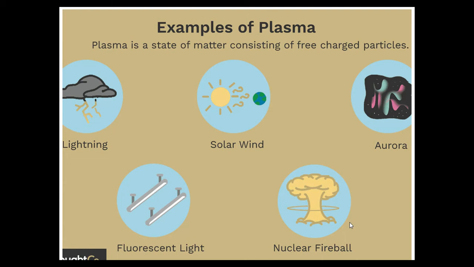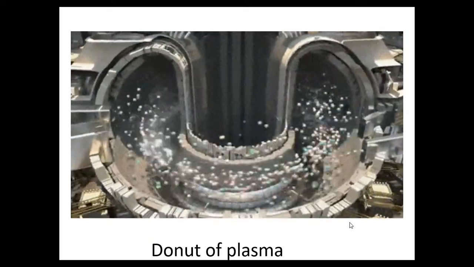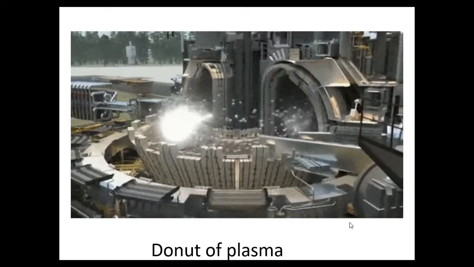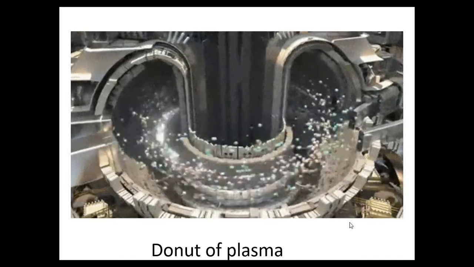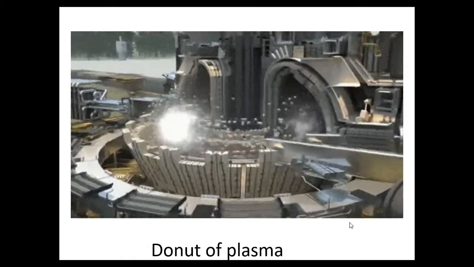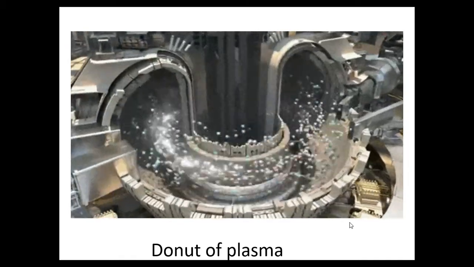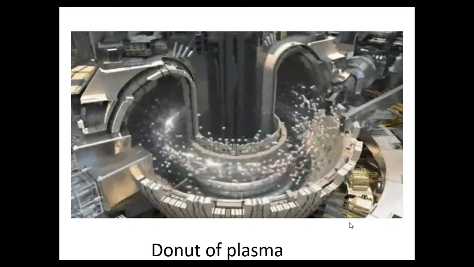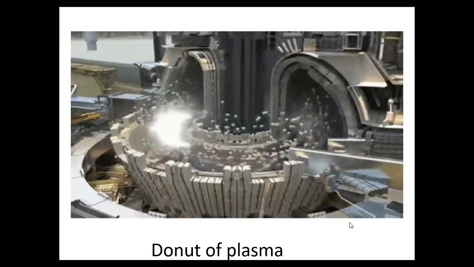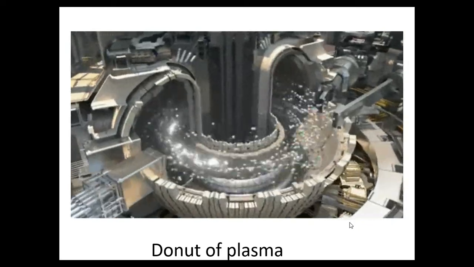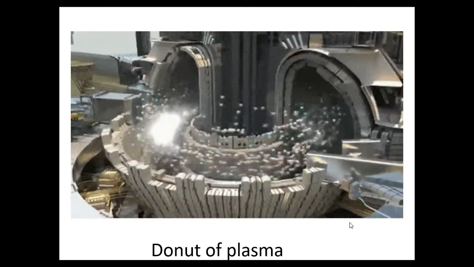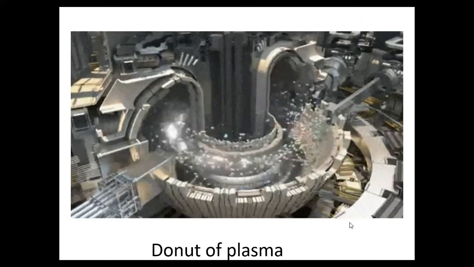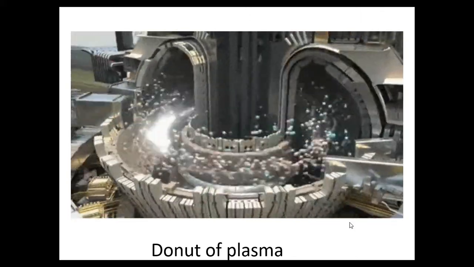Now, for us to create a fusion reactor on Earth, we need to superheat matter so it becomes a plasma, and then we need to get the nuclei to fuse together in that plasma. Now, one problem here, huge problem, is that if that plasma touches anything on the sides of a container, it will immediately cool down and transfer heat energy to the sides of a container.